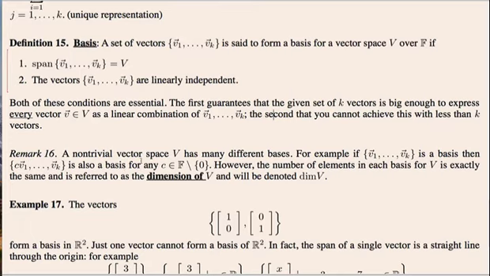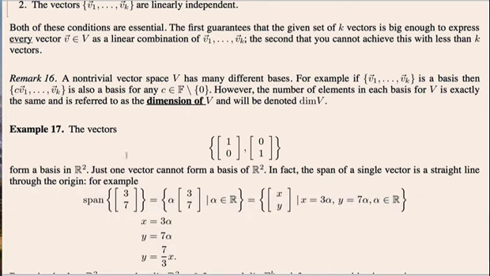So you basically have infinitely many different bases, since you can have infinitely many different scalars multiplying any of the vectors. However, the number of elements in each basis for V is exactly the same, and this is referred to as the dimension of V, denoted by dim V. So that's the number of basis elements in a vector space.